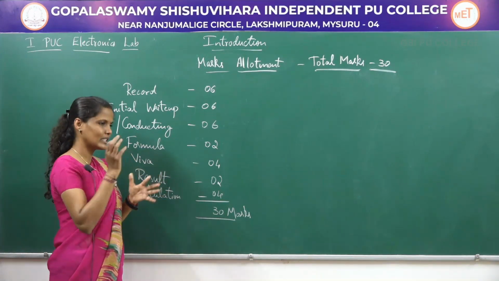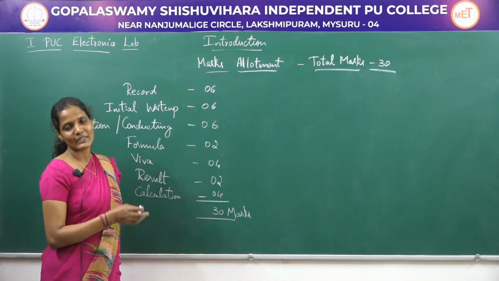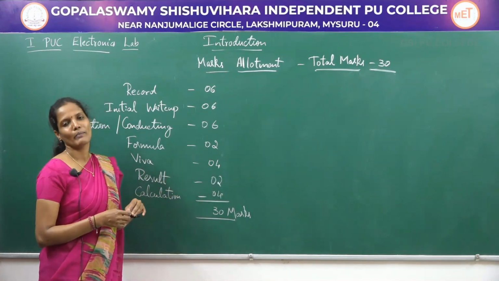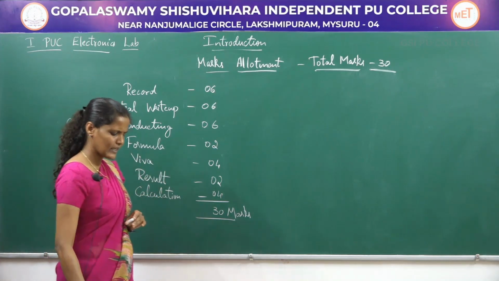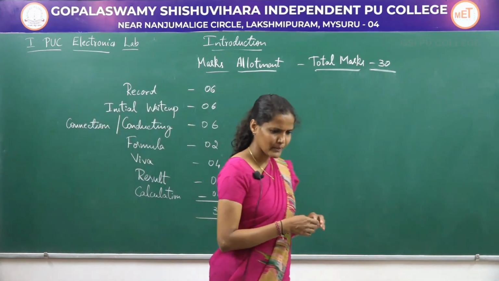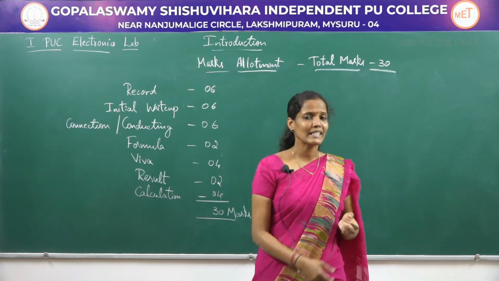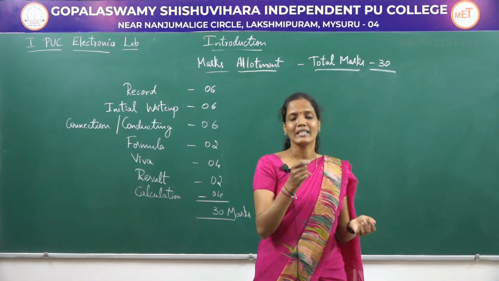And Viva, after the conduction of the experiment, separate Viva questions will be asked for each student, and for answering all of the questions 4 marks will be allotted for Viva. And result, after conducting the experiment, I told you, you have to fill the result. There you have to mention the units if present.